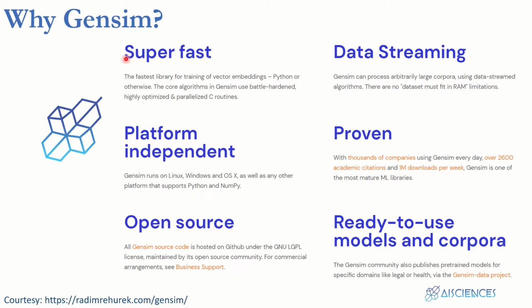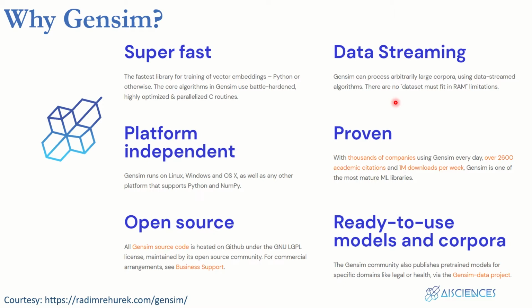For example, it's super fast. Its code is highly optimized and parallelized, and most of the routines are C routines, so it is extremely fast. Further, it supports data streaming: you do not need the whole training data to build any model. You do not need the whole data in the RAM.